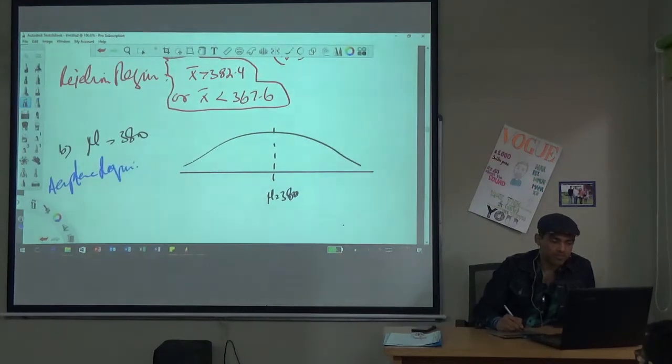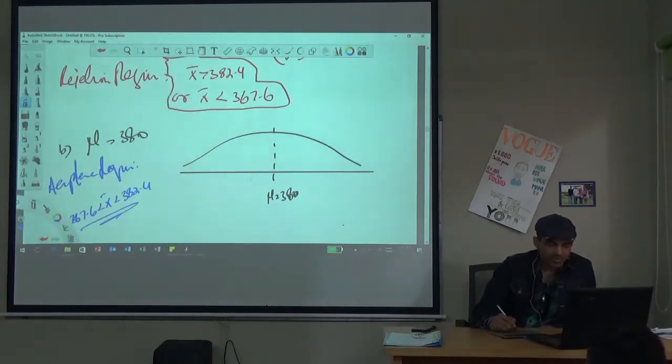The acceptance region is x bar in between 367.6 and 382.4.